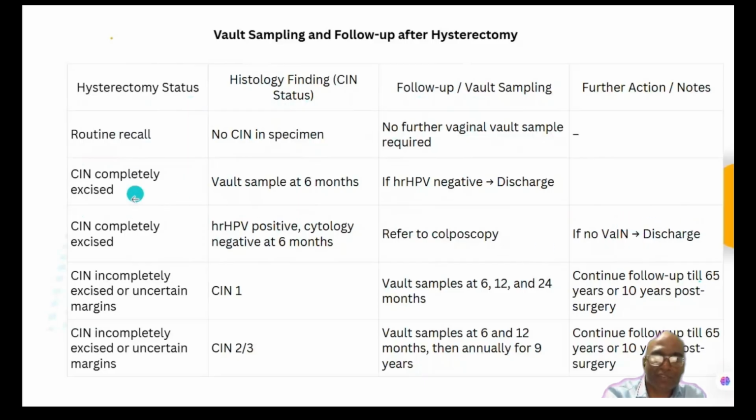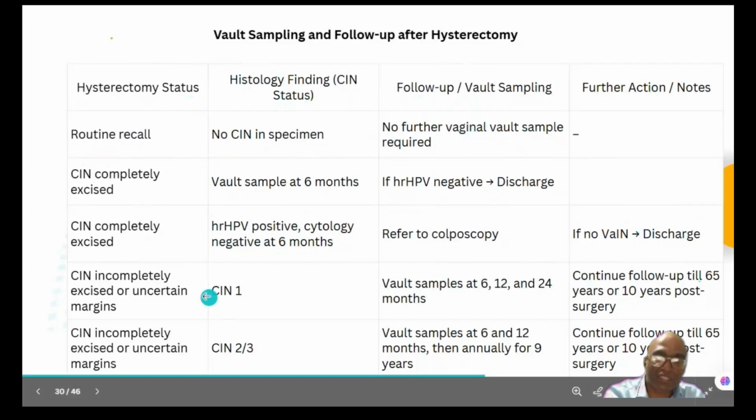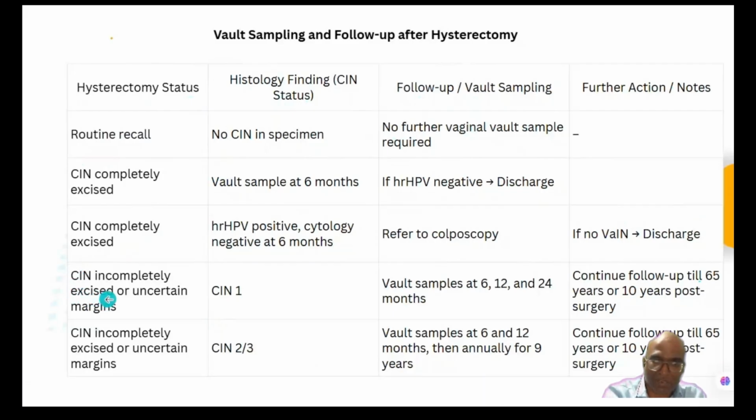So there is a difference between these two. In the first case, there was a CIN which was completely excised, only one test of cure was required. If it is negative, she will be discharged. Here, CIN is completely excised, but HRHPV during the TOC is positive. Cytology is negative, she will be referred for colposcopy, but she will be discharged if there is no vaginal intraepithelial neoplasia.